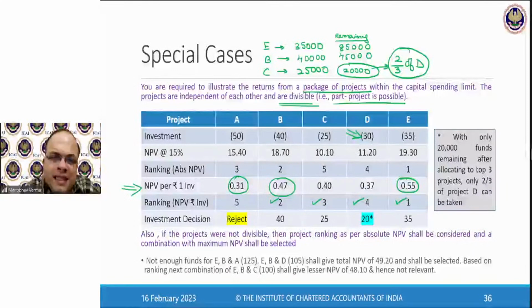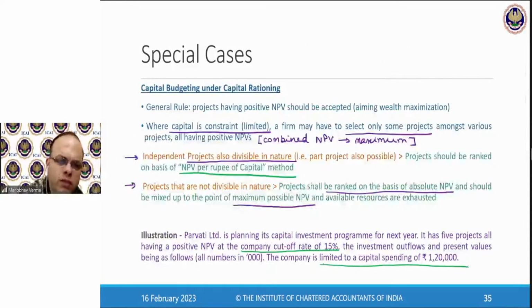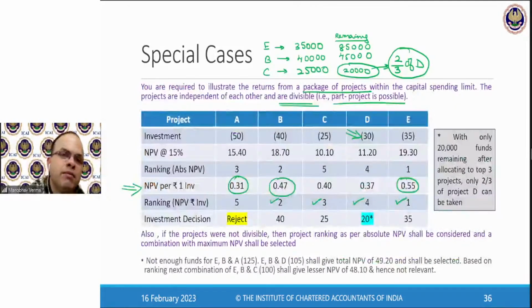So this is the case where the projects are divisible. What if my projects are not divisible? If the projects are not divisible, then you're talking about ranking as per the absolute NPV. And then you can select that combination which is giving the maximum NPV.